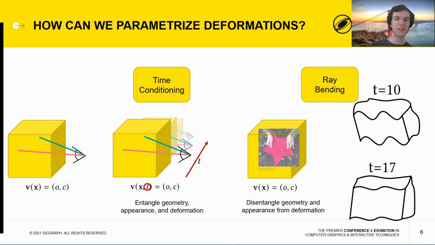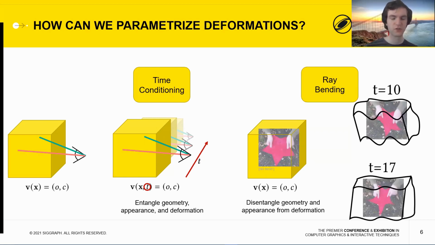So we can use space warping to deform the underlying static canonical model. So let's consider the same dynamic scene at two different time steps. Since the space warping has deformed the volume, we can render the deformed state using straight rays. So that's the idea behind ray bending.